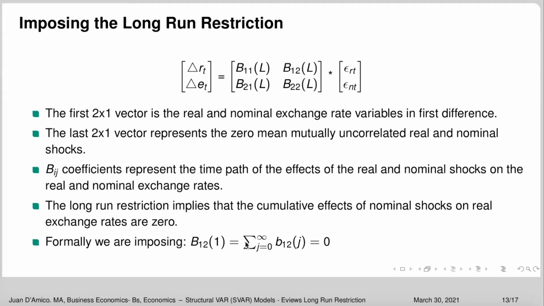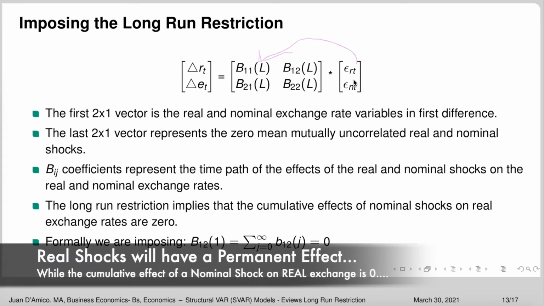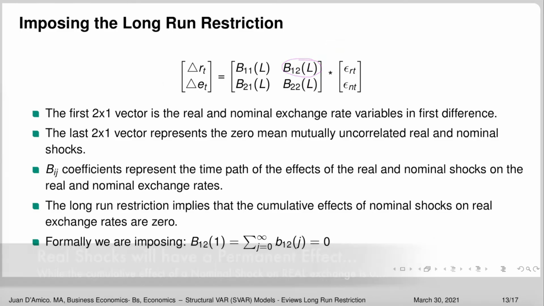So formally what we are imposing is that the cumulative effect over time on this element is going to be zero. Again, the real shock will have a permanent effect, but for the nominal shock in here, the cumulative effect will be zero.